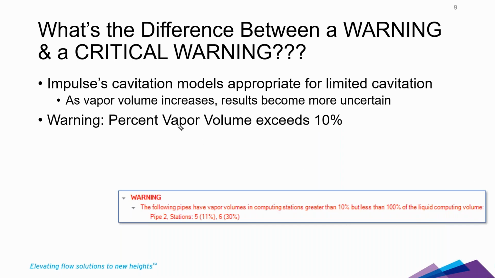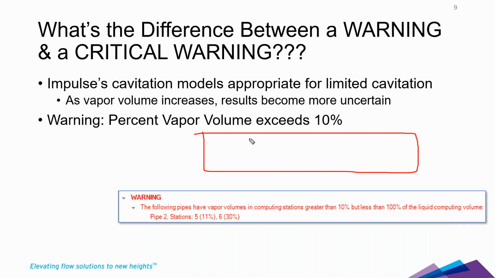So if this is your pipe right here, and let's say that this is 10%, and you're seeing 11%, 30%, what that means is that your vapor volume has grown to be larger than 10% of the liquid volume, or of the section volume itself. That's where you see just a warning message.